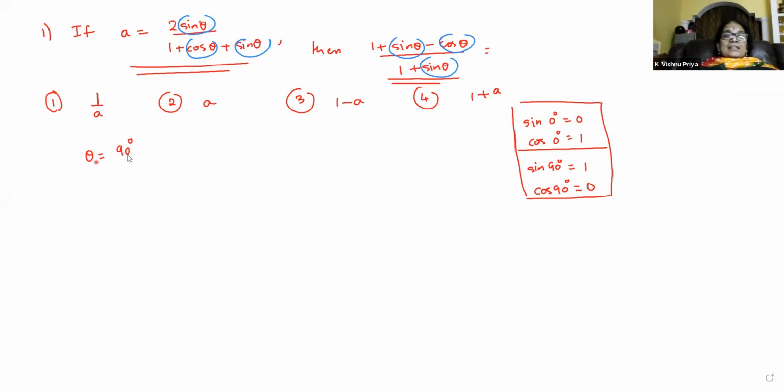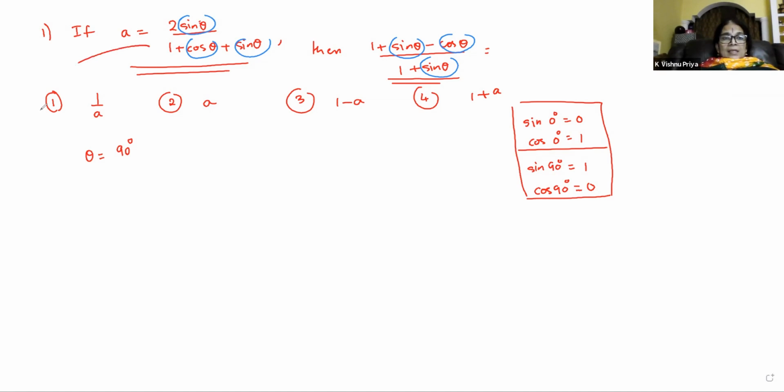If I take theta as 0 degrees, the numerator will become 0. And when the numerator becomes 0, it will be slightly difficult for you. It is not that difficult, but slightly difficult. So that's why I am taking 90 degrees.